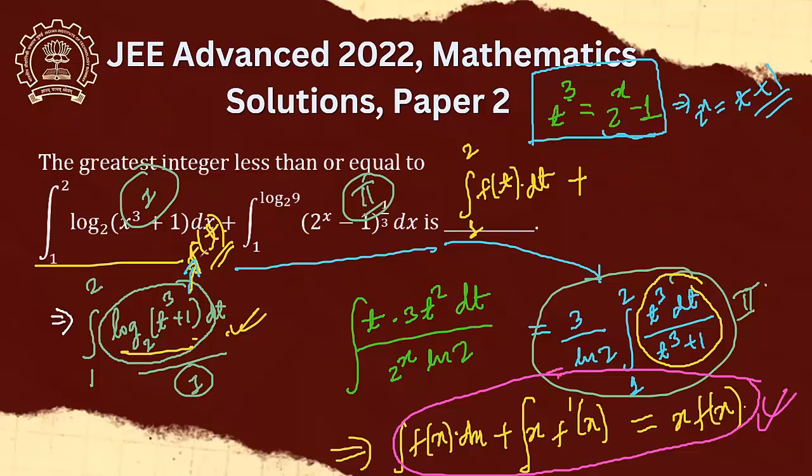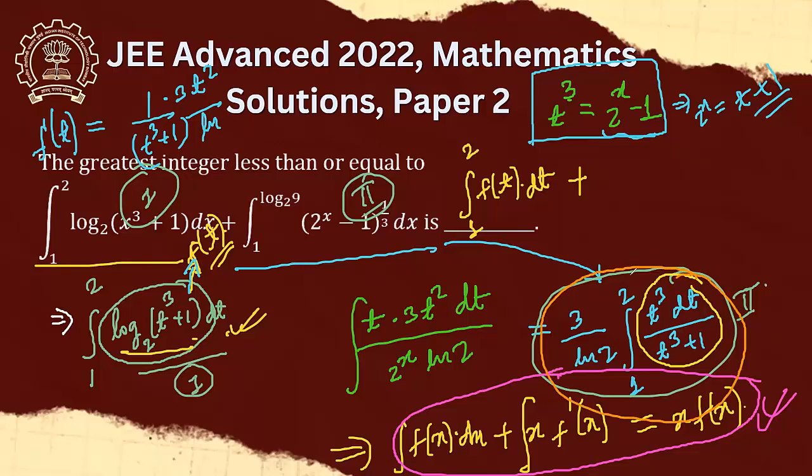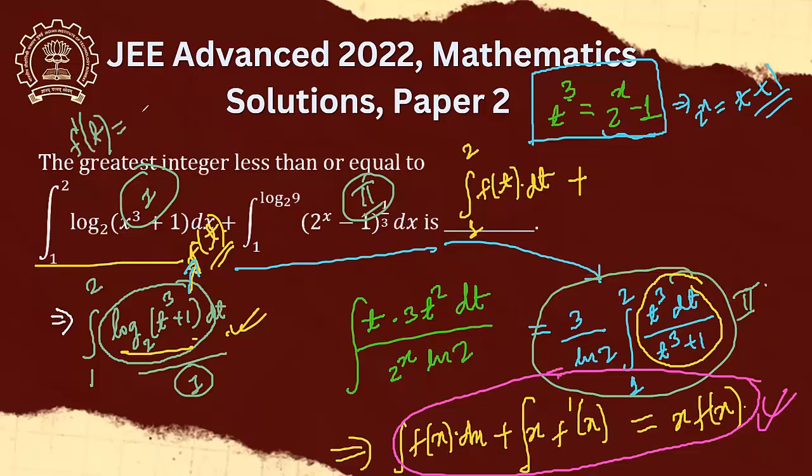If this is the function f(t), f dash t can be written as 1 upon t cube plus 1 into 3t square, and since the base is 2, there will be 1 upon ln 2 as well. So this is f dash t, right?